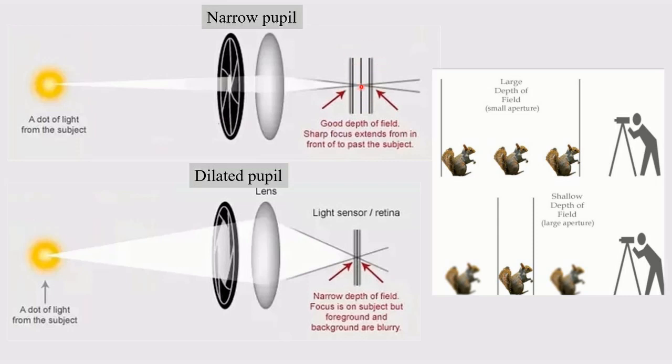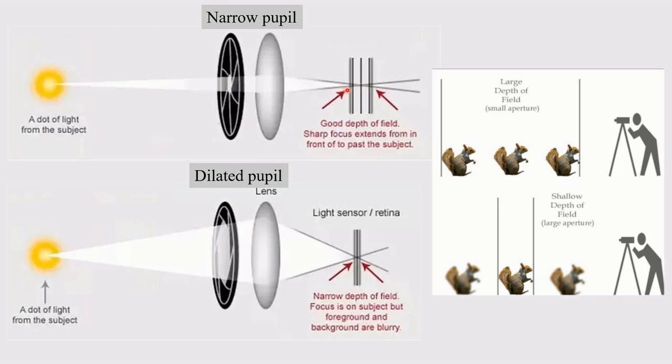If it's focused here, this is an actual point focus, but if it's focused a little bit in front, it will be a circle, or if it's focused a little bit behind, it will be a circle. So the circle of least confusion is large.